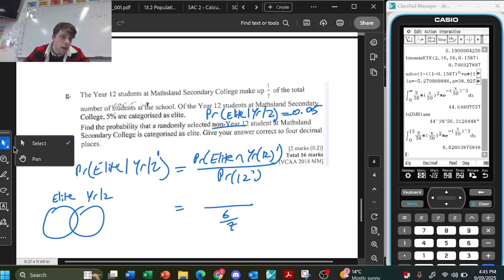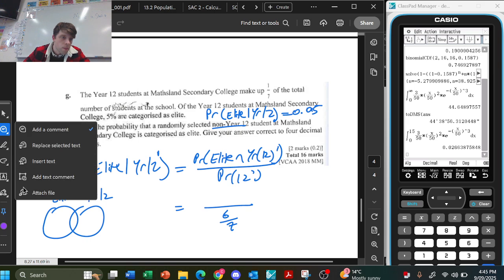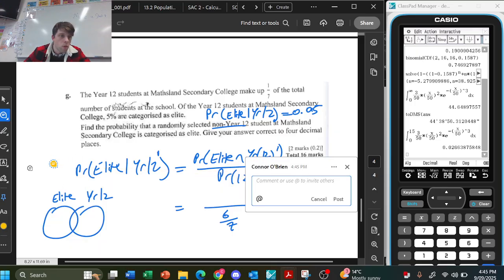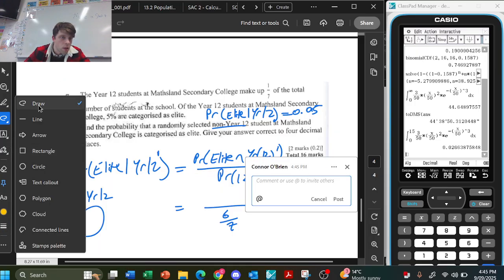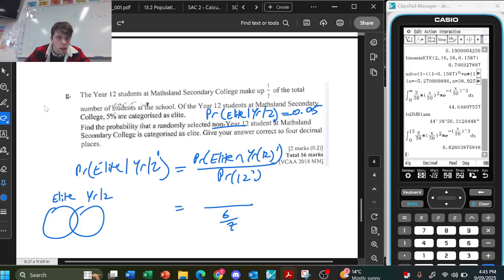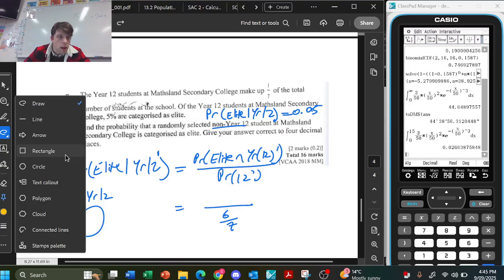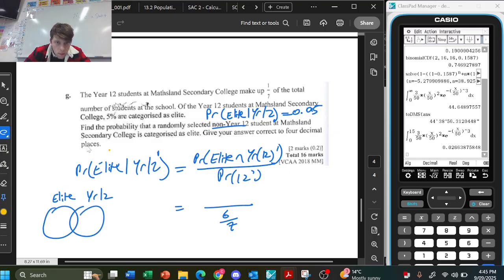If we were to break down these two sets, let's use a different color for this. So we're interested in the probability that the student is going to fall into this category here, where they are elite and not in year 12. So the people who are elite and not in year 12 are these ones over here.